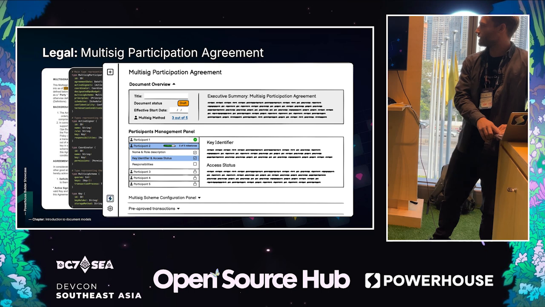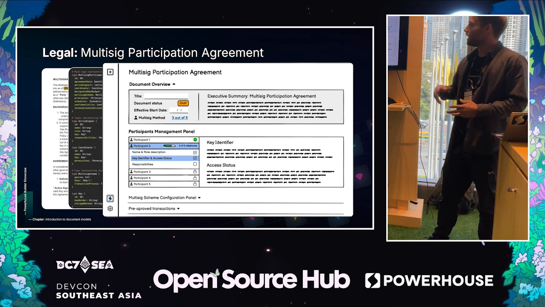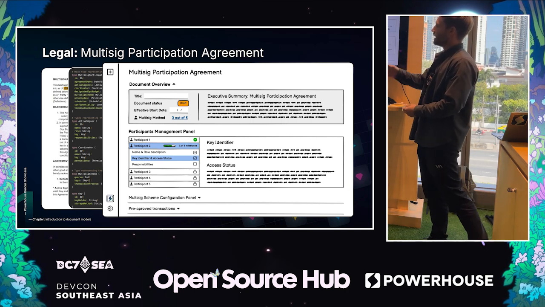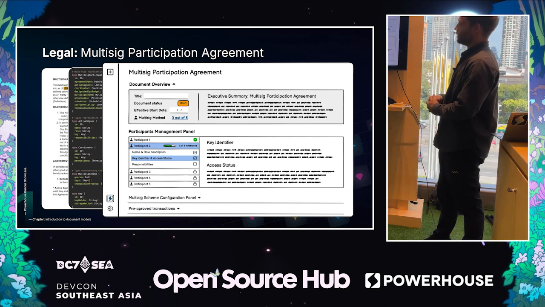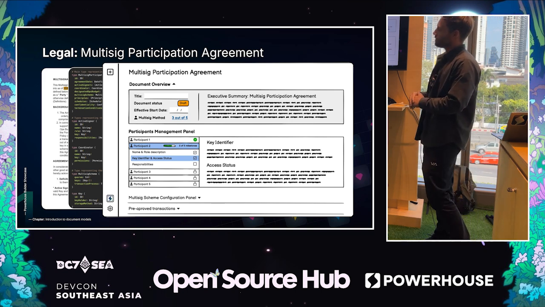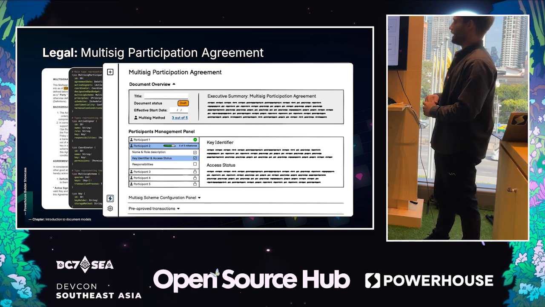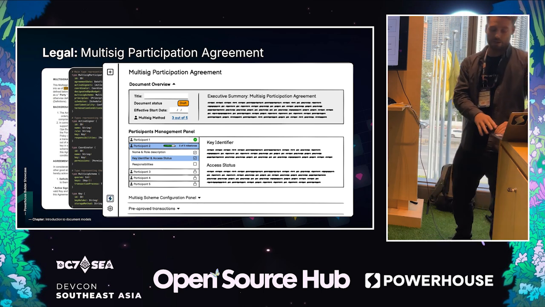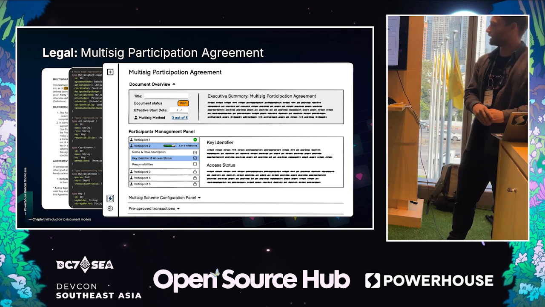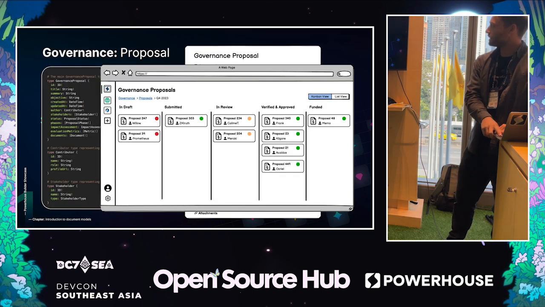This contract itself can also be transformed into a data model that can then be transformed into a document interface where somebody can get an instantaneous overview of the document, maybe the effective start date, what the multi-sig method is, but also the participants management panel where the key identifier of each participant is logged, and where you can manage this whole contract and also put a legal wrapper or a legal status around the multi-sig participation agreement.